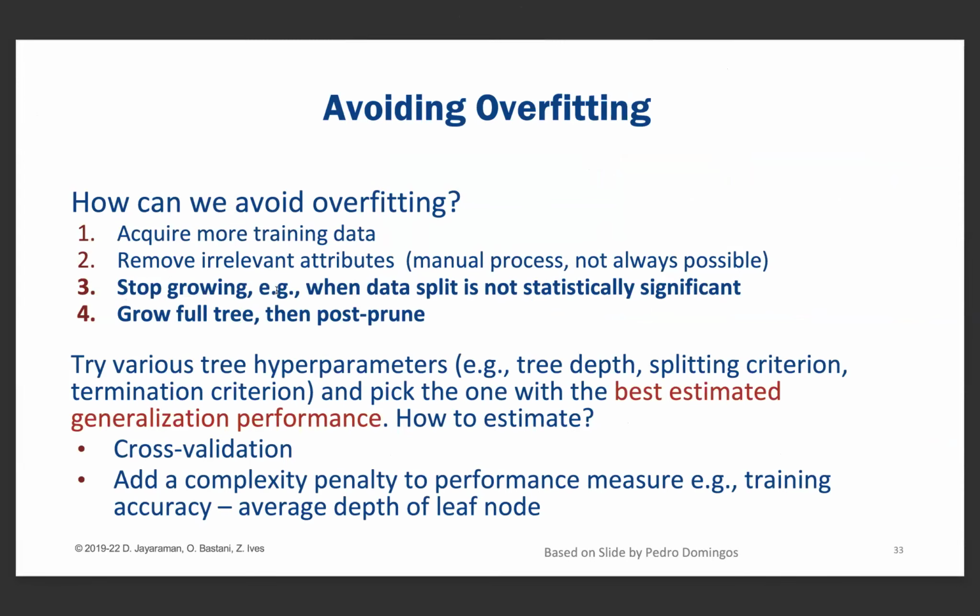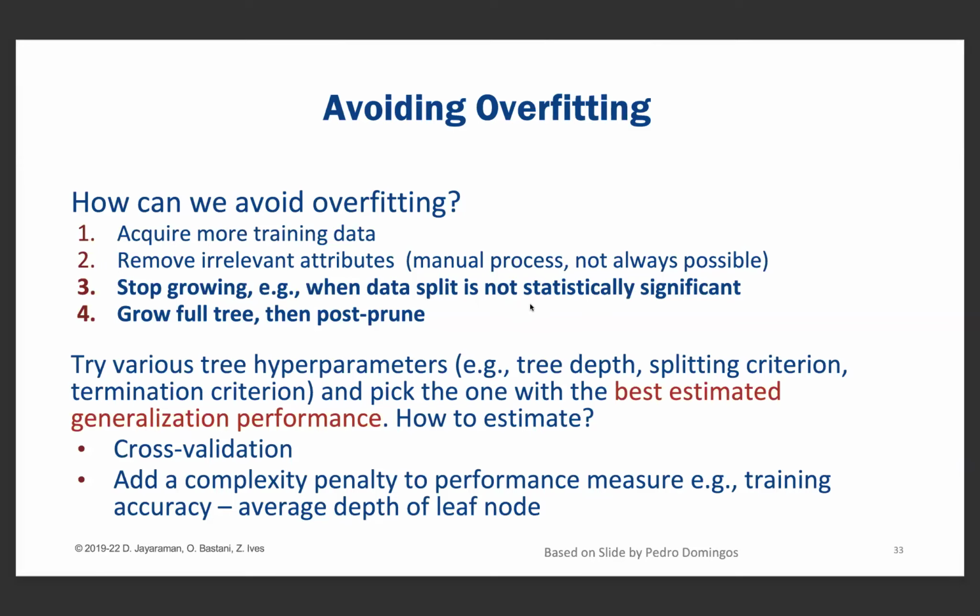We need to stop growing when the splits are not giving statistically significant information. We can say that if the information gain from any split is smaller than a certain quantity, say 0.05, then we don't split at all, and we stop. Or we can grow the full tree and afterwards cut the lower branches.